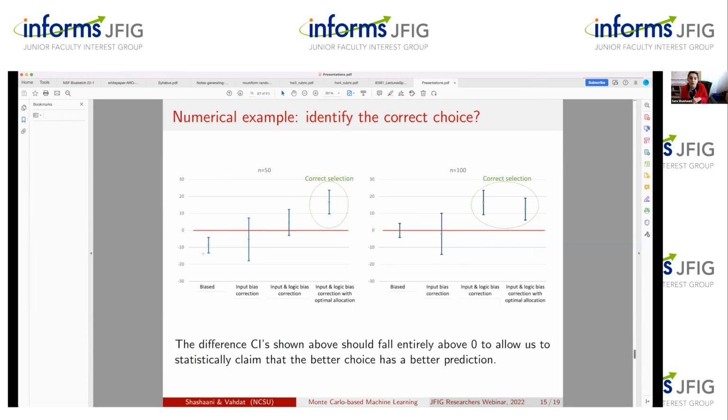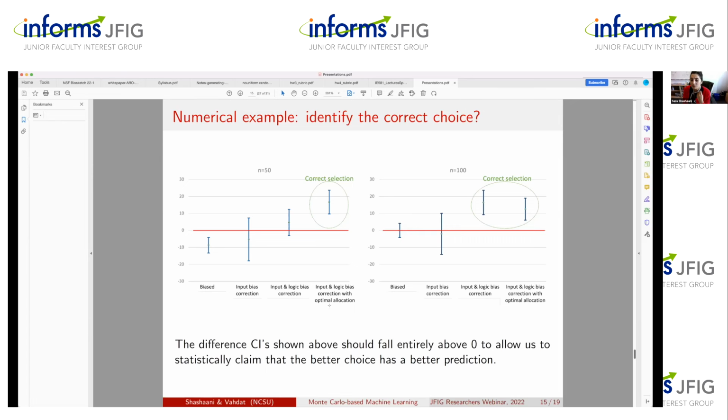And as you see, when I'm not incorporating this bias estimation, I will be ending up with the wrong choice. If I correct for the input bias only, I am going to be inconclusive, but I won't be able to find the correct choice. So it's helping, but not sufficiently. If I do the input and logic bias correction both, in the case where I have a small data set, it's also inconclusive. So it's still not giving me the correct selection.